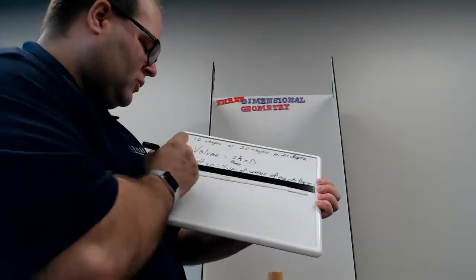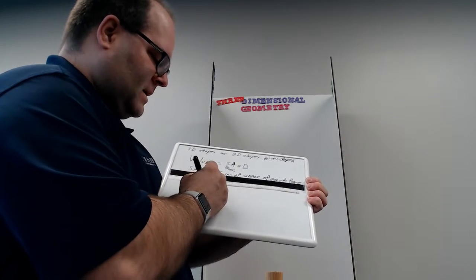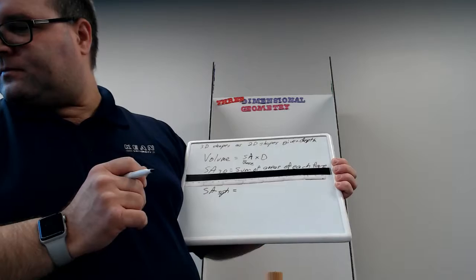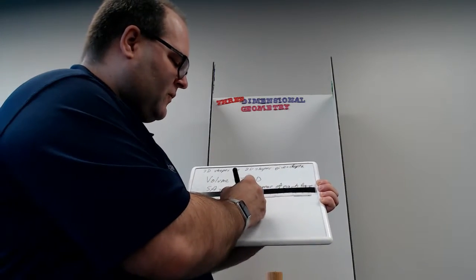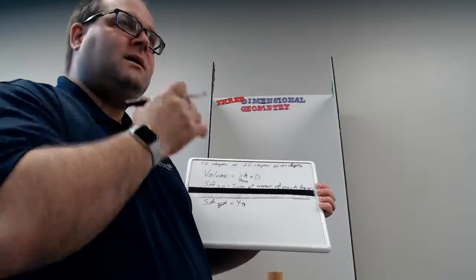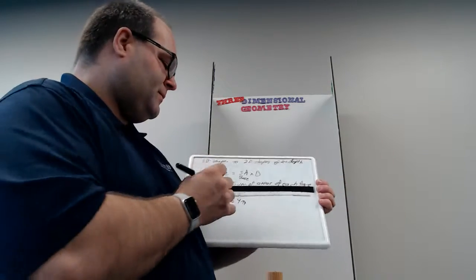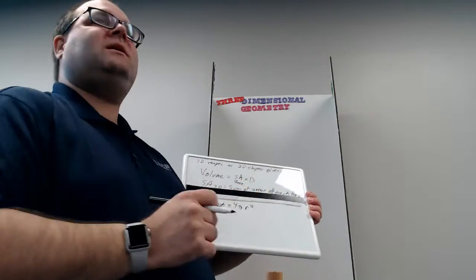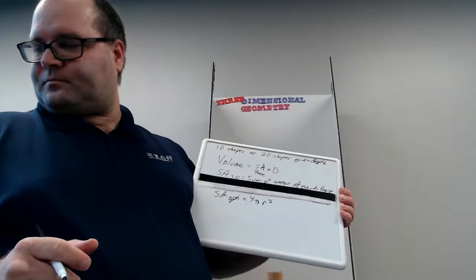But we want to do the surface area of a sphere first. And that is going to be 4 times our value of pi times the radius squared.